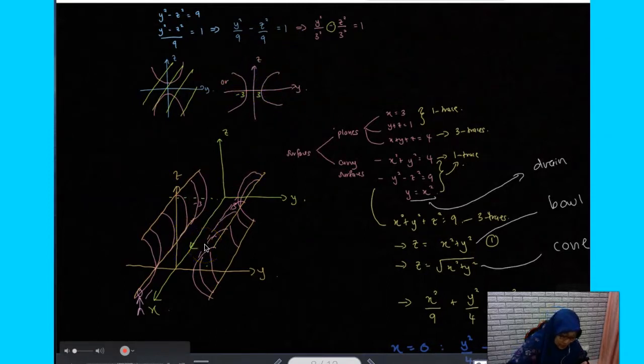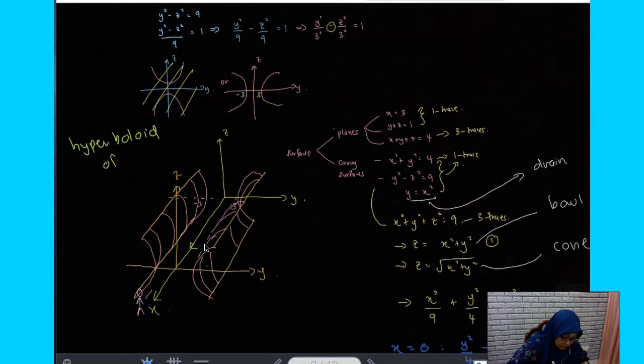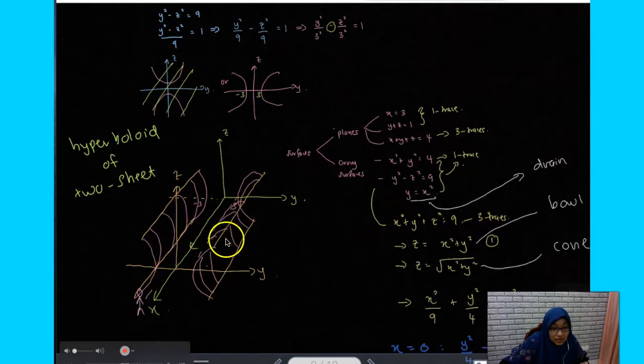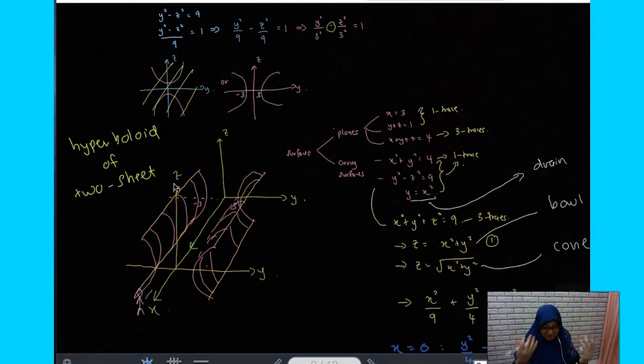So this is called a hyperboloid of two sheets. Why do we call it that? Because from one equation it splits into two sheets. Two, because it becomes separate surfaces from a single equation.